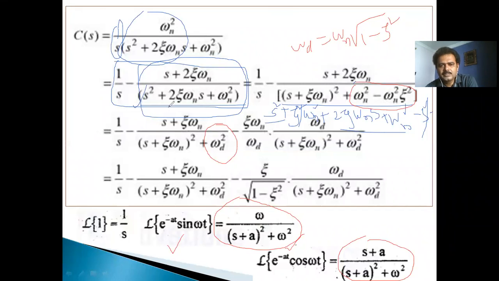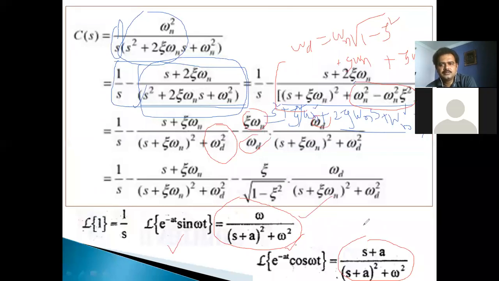So that's why I have expressed the same thing, just like the ζωn term and one more ζωn term. In the second term again, the ζωn term is multiplied and divided with ωd, so that you will get it in this fashion. Just manipulating.